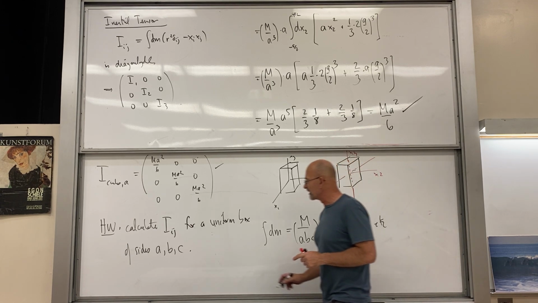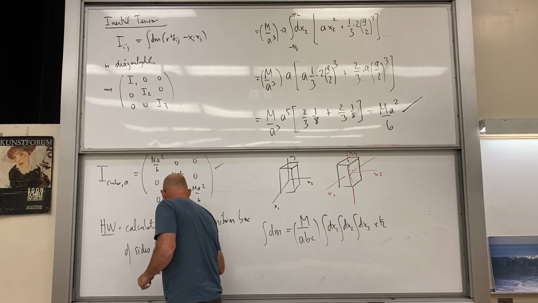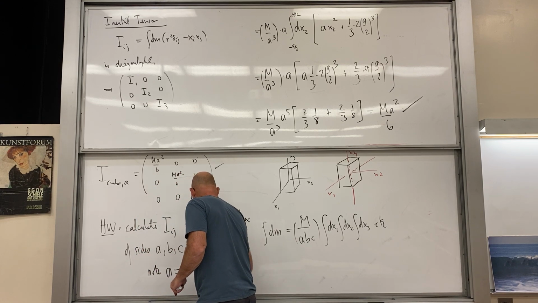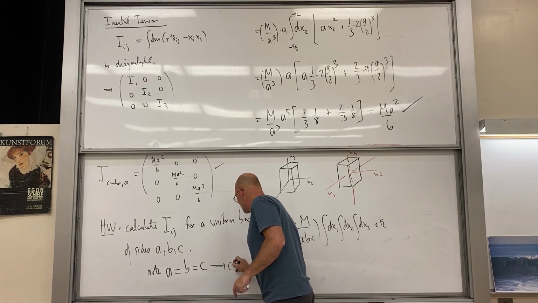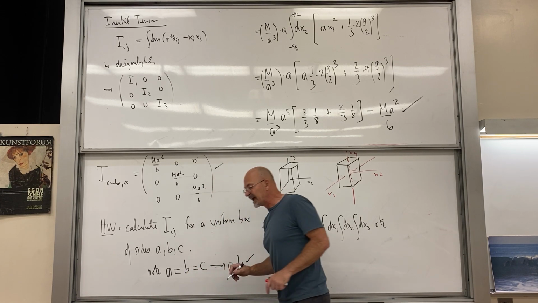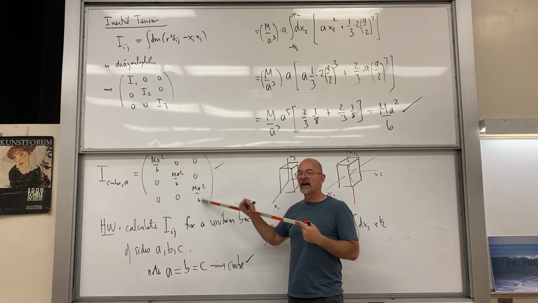As a note, your expression for a equals b equals c has to result in the cube again. So you'll know you have it right because it'll naturally turn back into this.